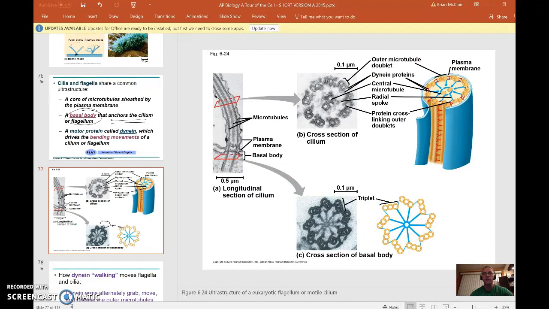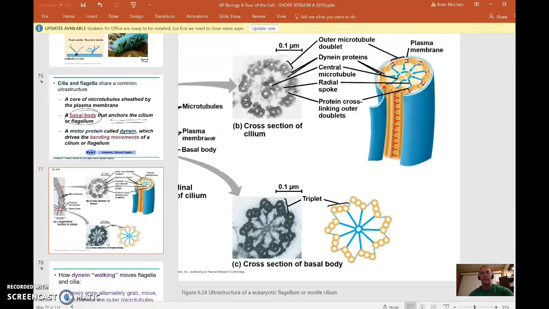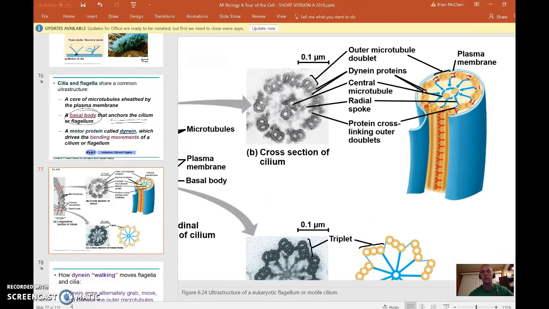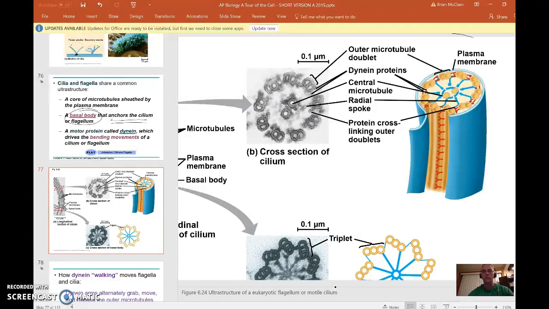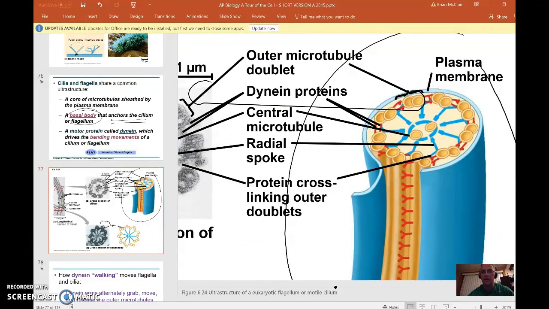Now, if you look at the closer structure of what is going on in a cilium and then the basal body as well, if you look right here, our cilia are arranged in what's called doublets. So this is a doublet right here. These are two microtubules, and they make up a doublet.